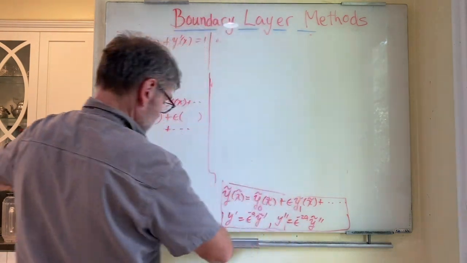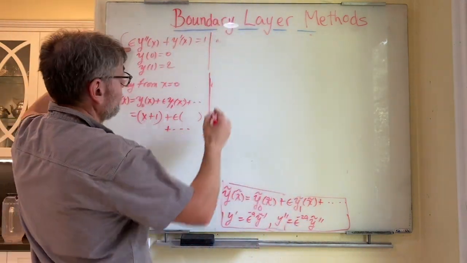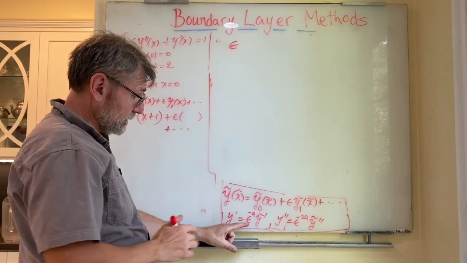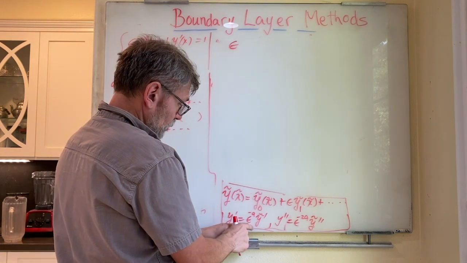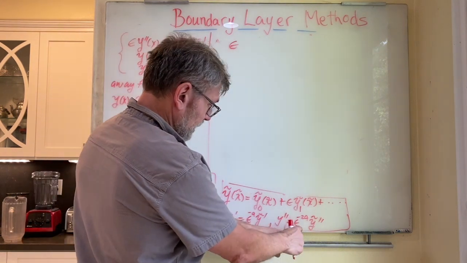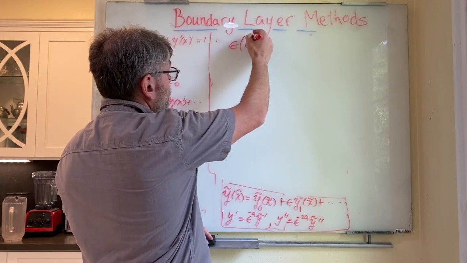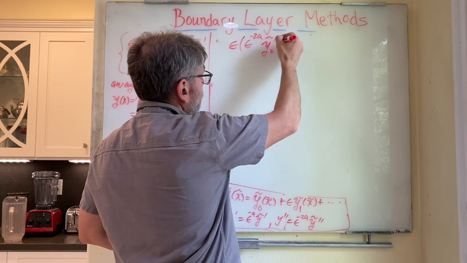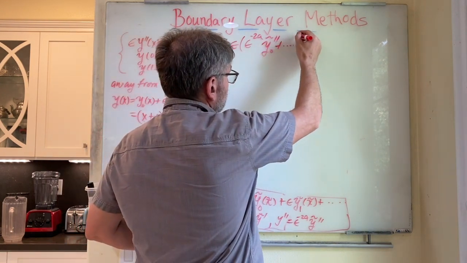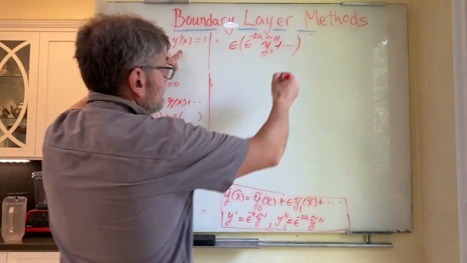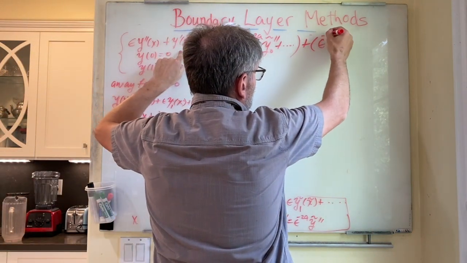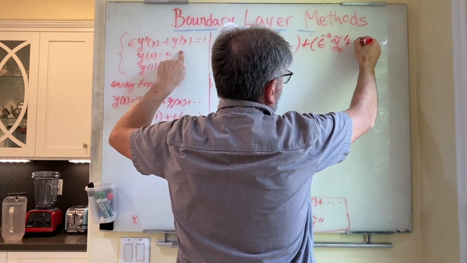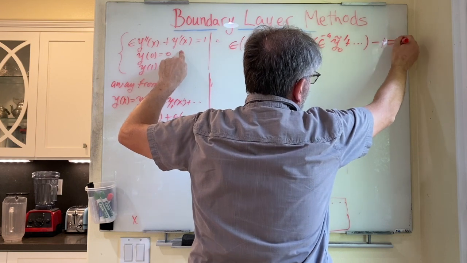So close to x equals 0, the problem I will have will be epsilon, and just like before with the quadratic equation with these funny powers of epsilon, we're going to plug in what we have: this term here, times epsilon to the minus 2a y tilde naught double prime, plus more terms, plus epsilon to the minus a y tilde naught prime, plus more terms, minus 1 equals 0.